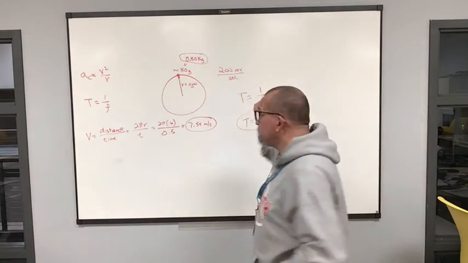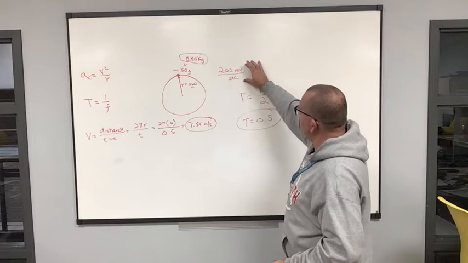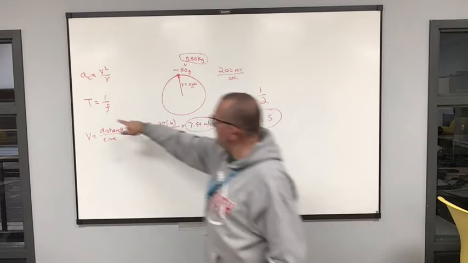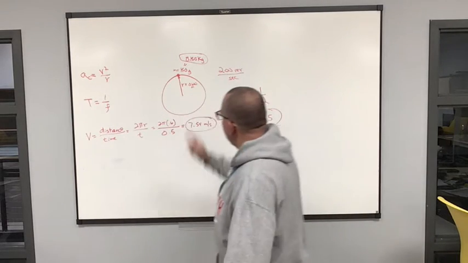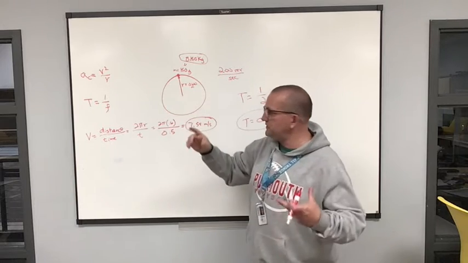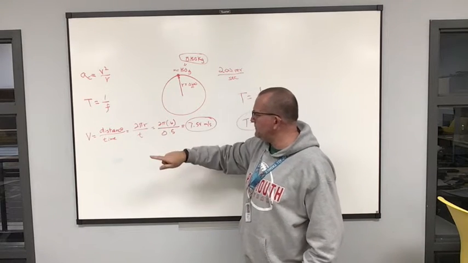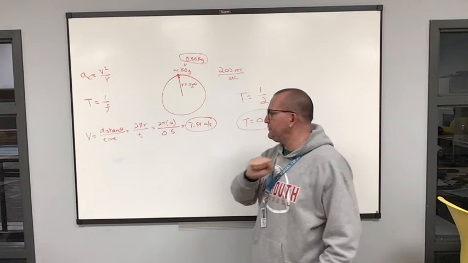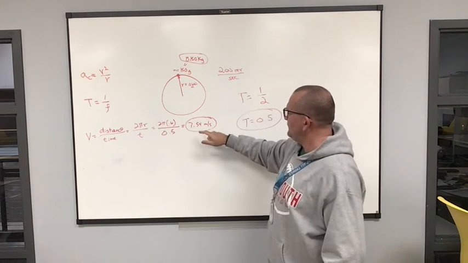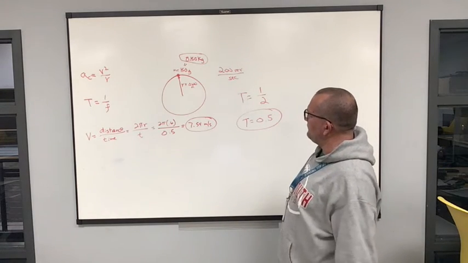So what we did is we took revolutions per second, took the inverse, which told us the time to do 1 revolution, and then we found the circumference of a circle, which is the distance of 1 revolution. So the distance of 1 revolution divided by the time of 1 revolution gives us the velocity, 7.54 meters per second.